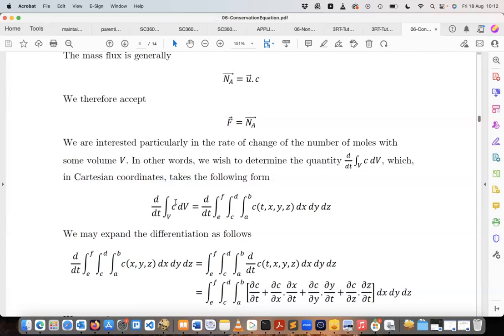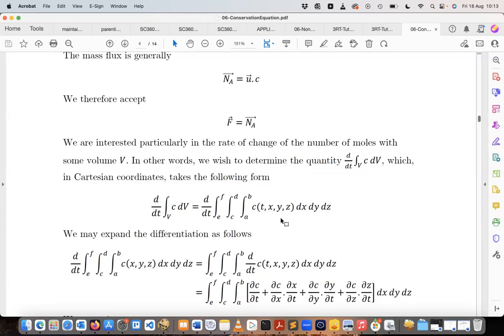If we add up the concentration times the volume each time, that's a way to read a derivative. If you imagine the finite case, if you take a little box delta V and multiply it by the concentration, that will give you the number of moles there. If you add up over the entire volume, then you've added up all the moles in that space. So this is the rate of change of the number of moles in the space.